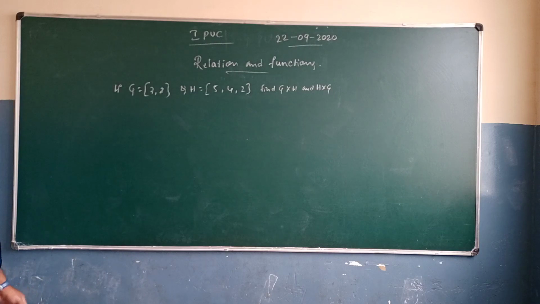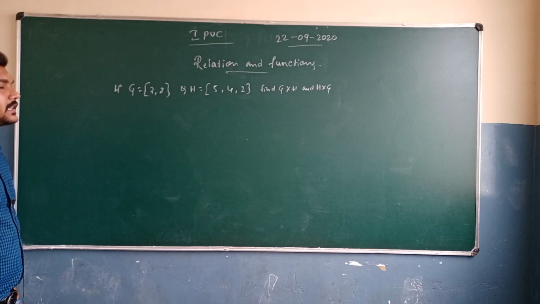If G is equal to 7, 8 and H is equal to 5, 4, 2, find G cross H as well as H cross G.